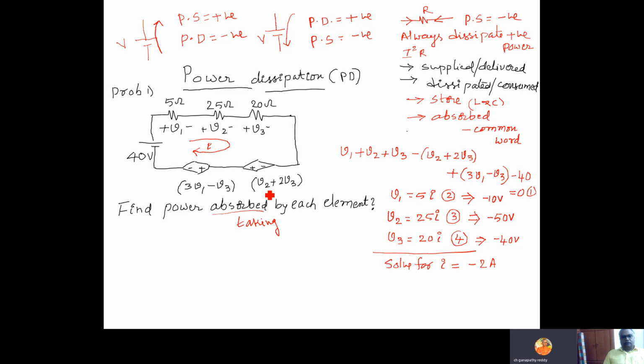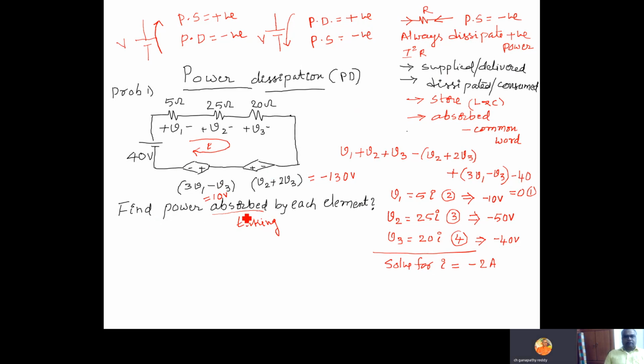Then substitute the V2 and V3 values: this is equal to minus 130, and this value you will get is 10. So now we have all the voltages.